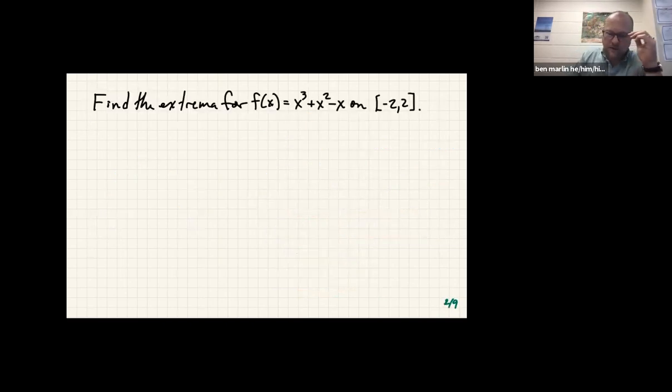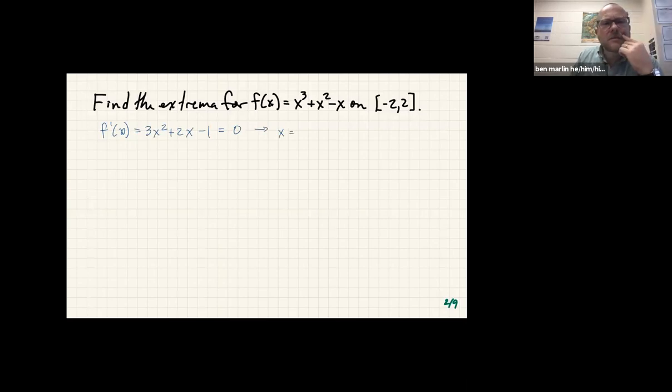So let's see what we can do with this particular one here. We've got our f of x being that. So our f prime of x is going to turn out to be 3x squared plus 2x minus 1. That's not undefined anywhere. And so you're going to set this equal to 0. That's going to be something where it's necessary to use the quadratic formula.